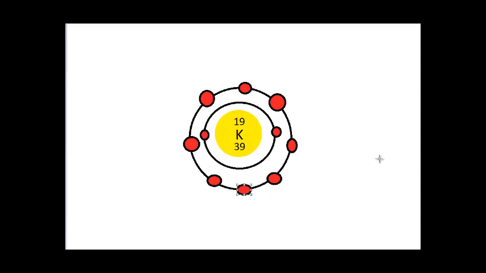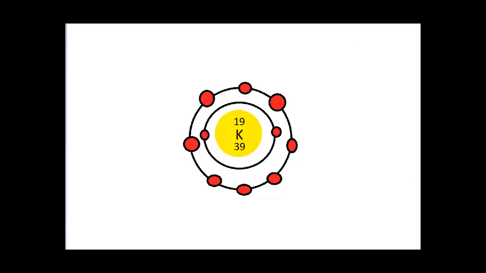Obviously I haven't drawn these to scale, and the electrons are going to be roughly the same size as opposed to these crazy formations that I've made. So at this point I have 2 in the first orbit and I have 8 in the next orbit, giving us a total of 10. That means we still have 9 more to go.